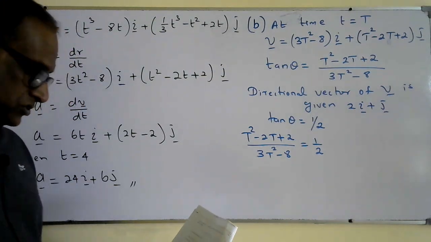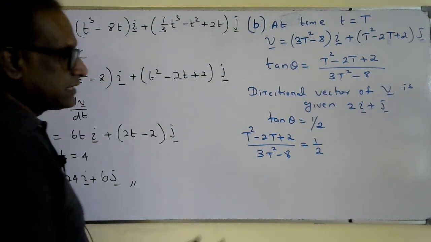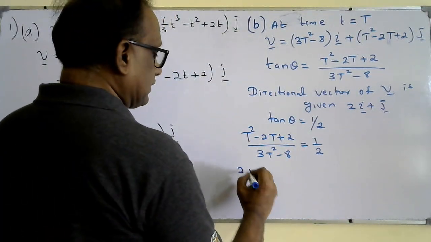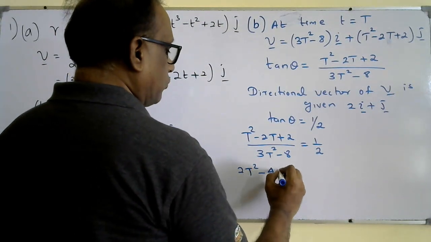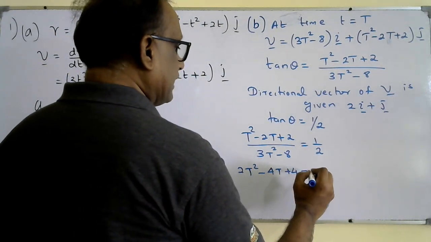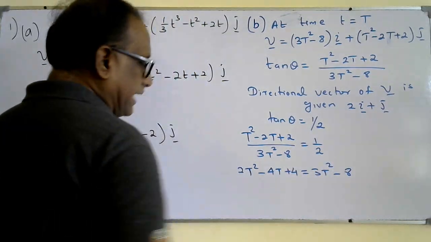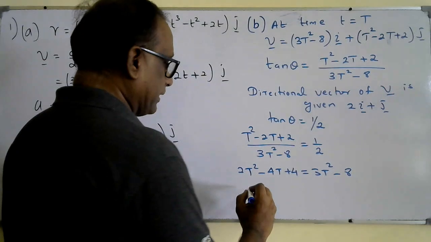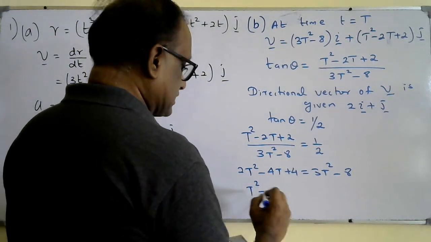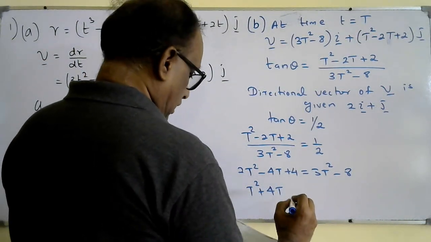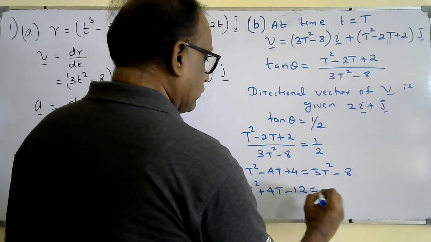Right, now solve it. You'll get a quadratic equation. So cross multiply: 2t squared minus 4t plus 4 is equal to 3t squared minus 8. So rearrange it into the standard quadratic format. So t squared plus 4t minus 12 equals 0.